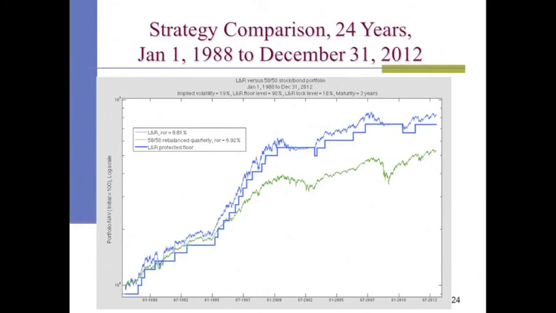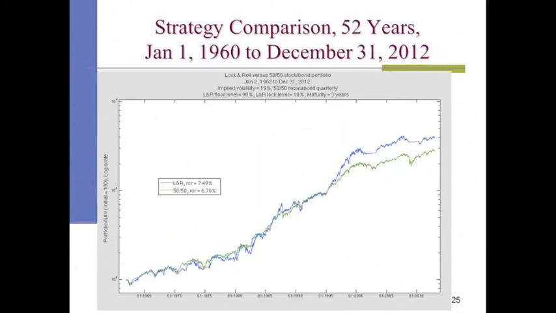And we actually have a data series that goes all the way back to 1960. So let me show that as well. And you see a rather similar result, although the detail is hard to capture in such a long period of time. It's 52 years.